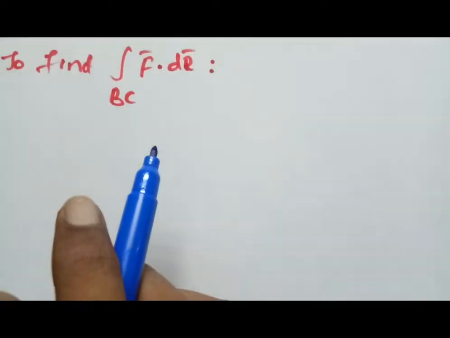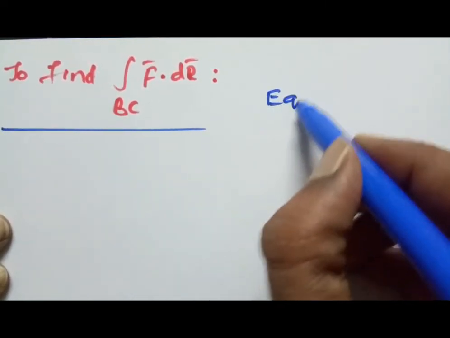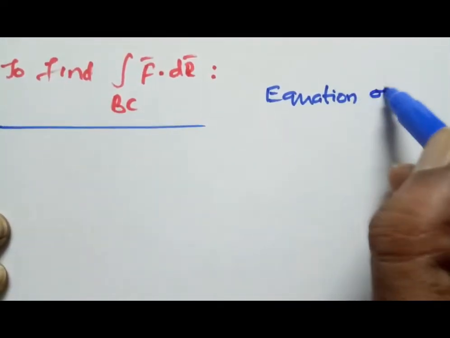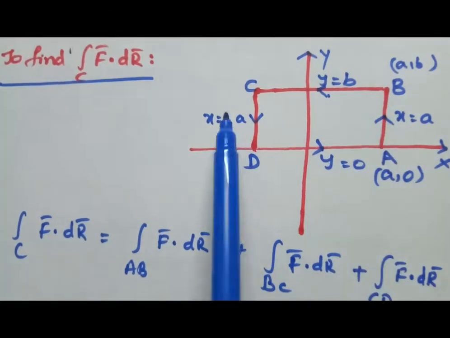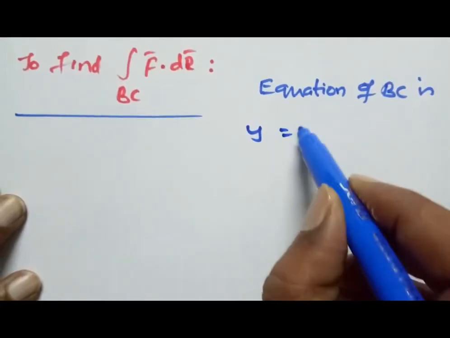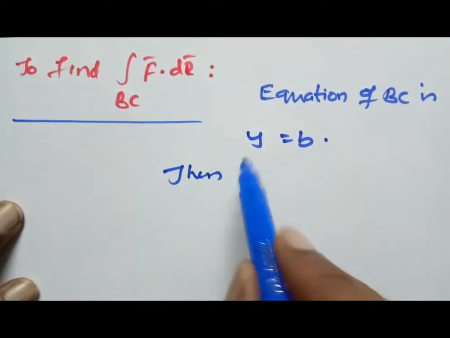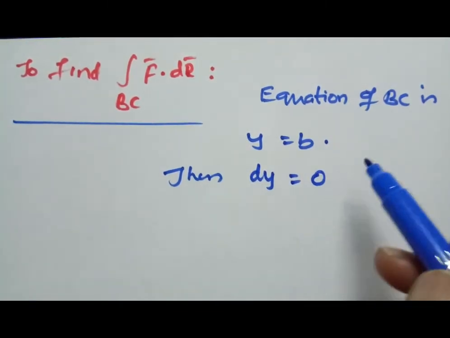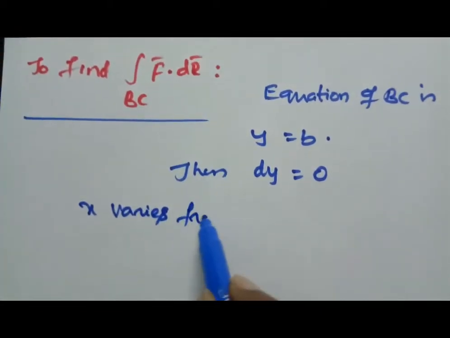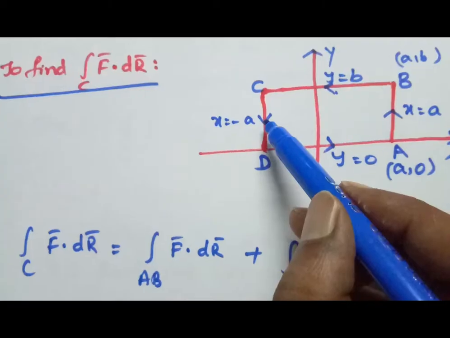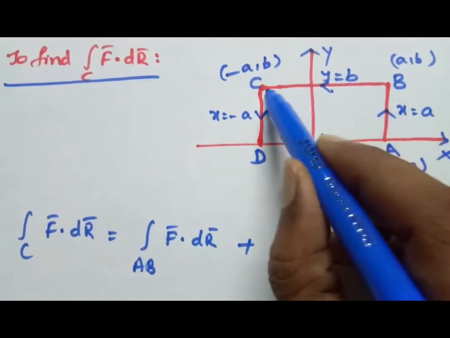Therefore along BC, the equation of BC is y is equal to b. Then differentiating on both sides, dy equal to 0 and x varies from, here this is the point minus a comma b, this is the direction of the integration.